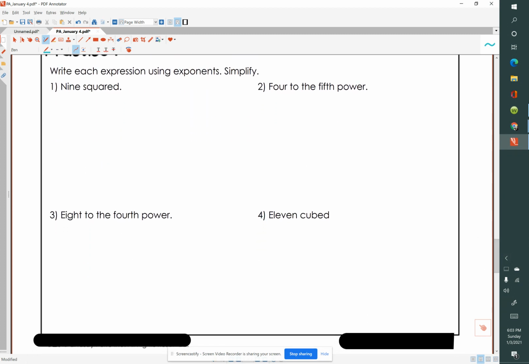We are asked to write each expression using exponents, and then we're asked to simplify. So it says 9 squared. Squared is an exponent of 2.